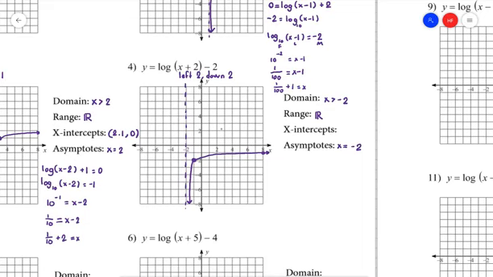And then for our x-intercept, we're going to solve. So log(x plus 2) minus 2 is equal to 0. Log base 10, (x plus 2) is equal to 2. 10 squared is equal to x plus 2. 100 is equal to x plus 2. 98 is equal to x once we subtract that 2 from there.